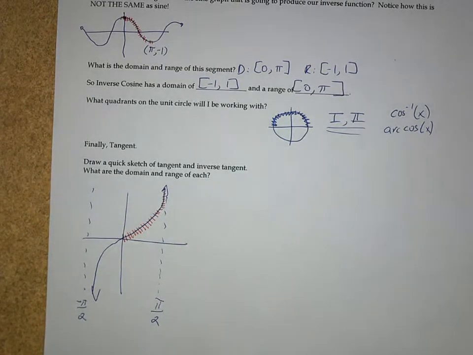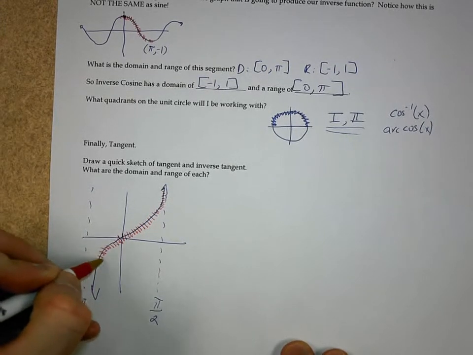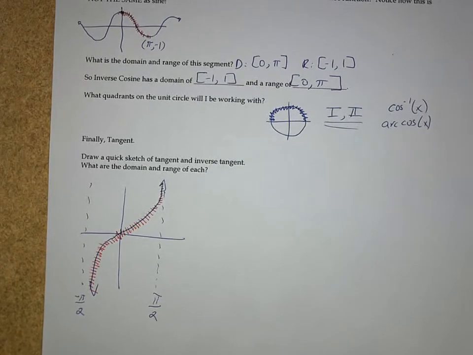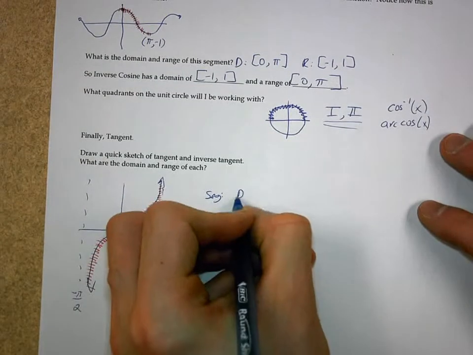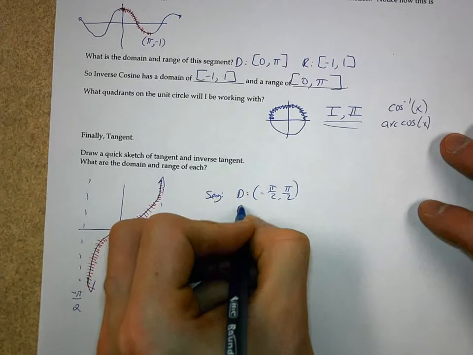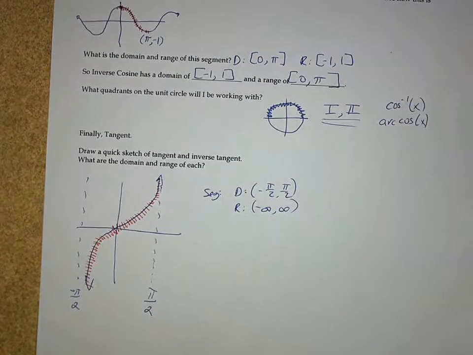I will never fail that horizontal line test going to the right. Same thing going to the left. I'm going to choose all this because at no point am I going to fail the horizontal line test for that segment. So specifically for the segment, the domain is from negative pi over 2 to pi over 2, and the range is negative infinity to infinity.